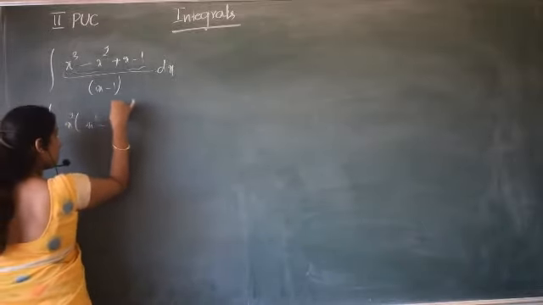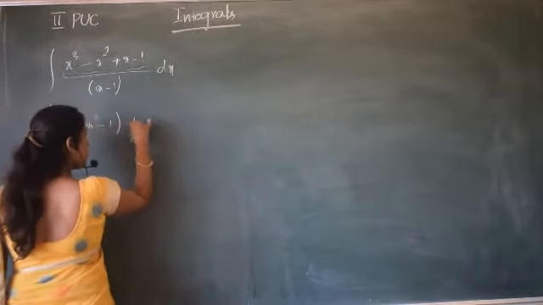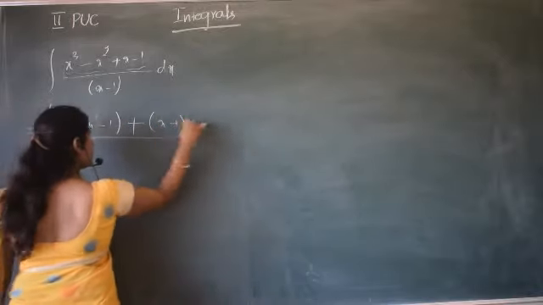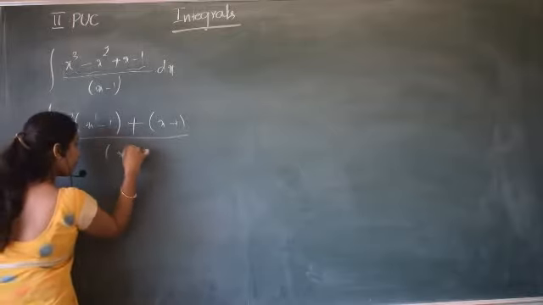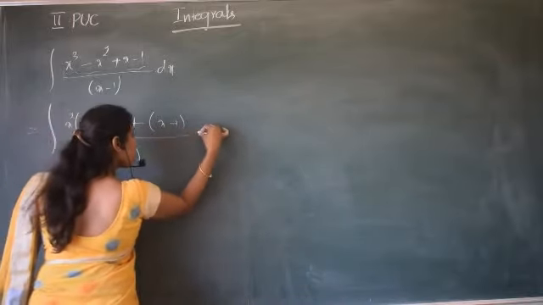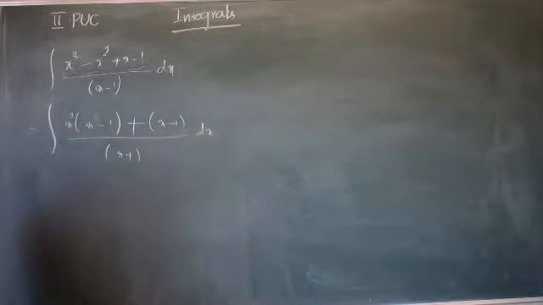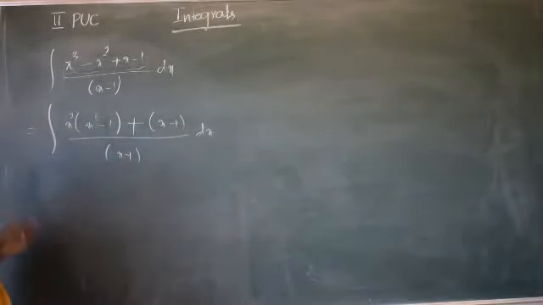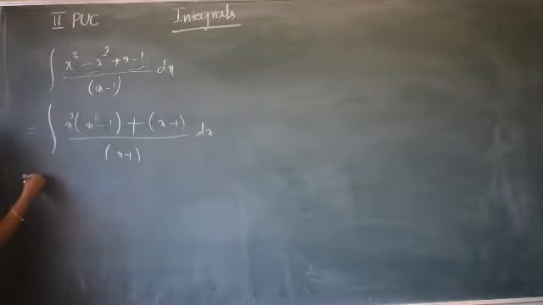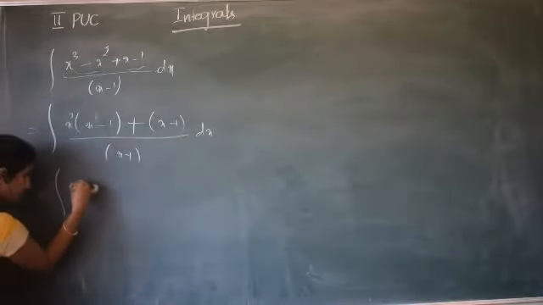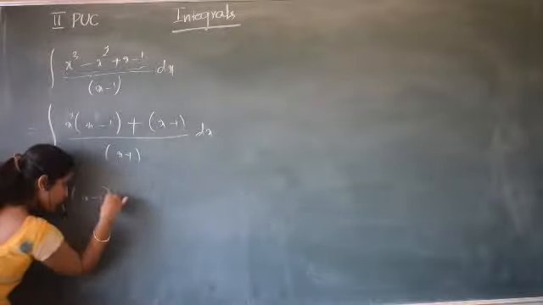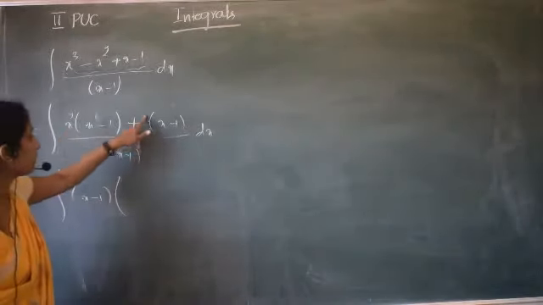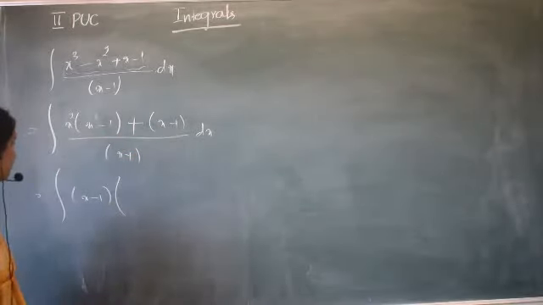Remaining x minus 1, plus x minus 1, dx. Now this is one term, this is one more term. Again I can take x minus 1 common. If I take x minus 1 common, the remaining will be here x square, here nothing, means it is 1.